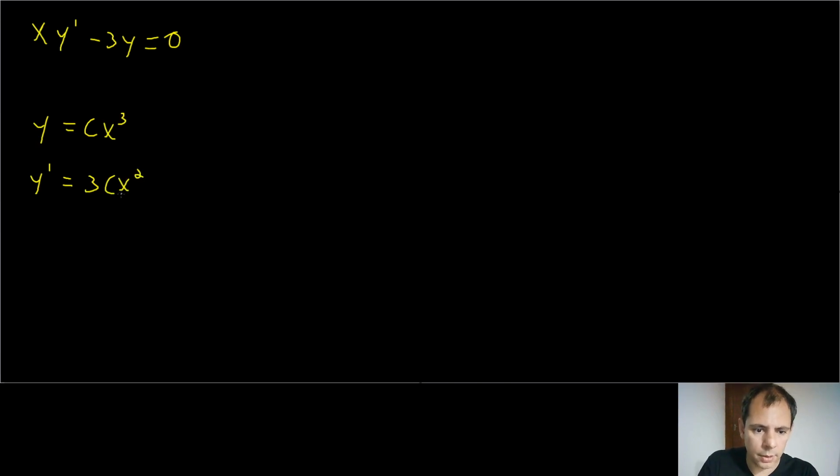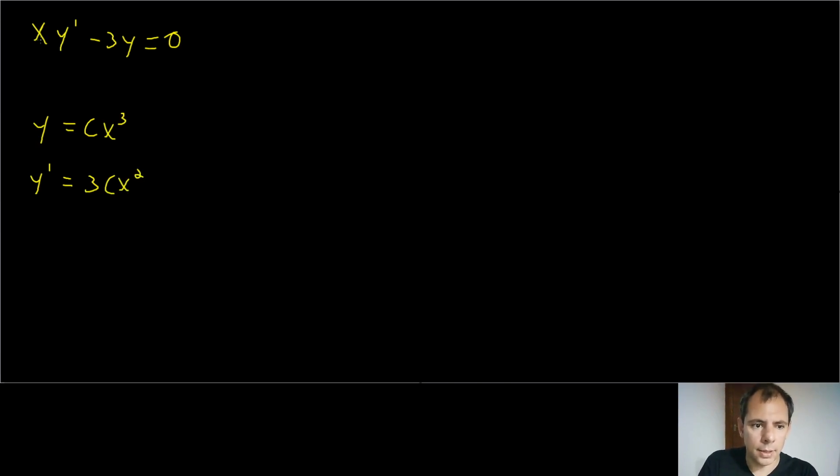So you have x y prime minus 3y is equal to 0. Now verify that c x cubed is a solution. Well, let's see. If y equals c x cubed, y prime is 3c x squared, right?